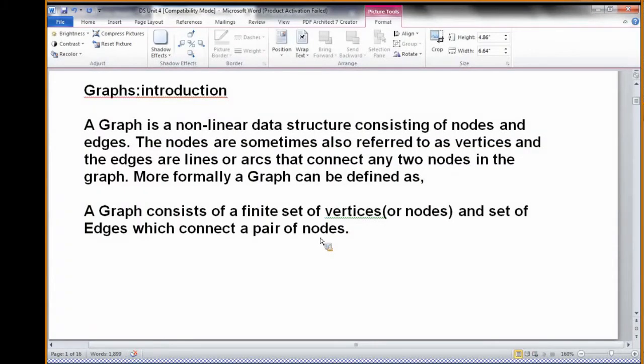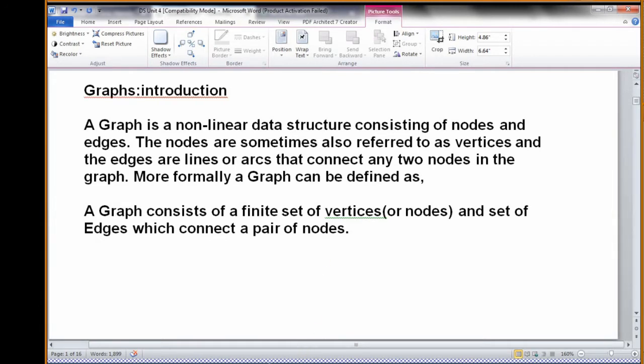Sometimes the nodes are connected, and those lines which are connecting the nodes, we will call them edges. So a graph consists of nodes and edges, and these nodes are sometimes also called vertices, and the edges are called arcs or lines.